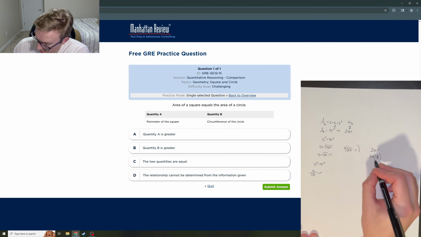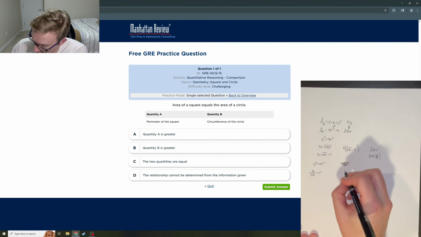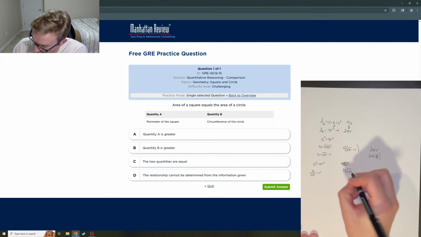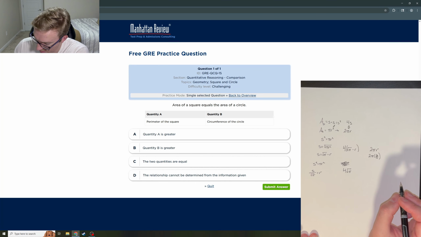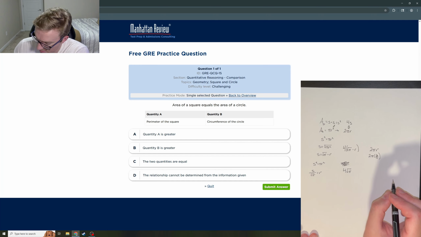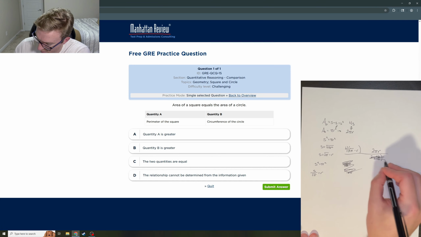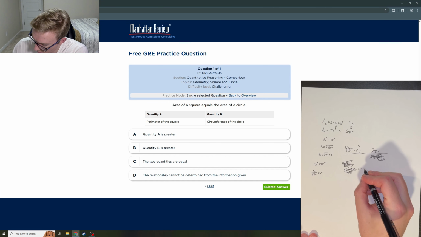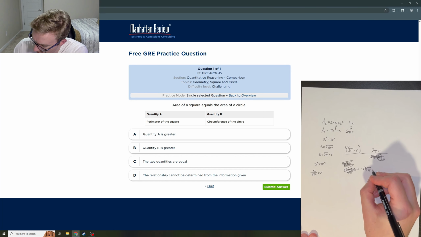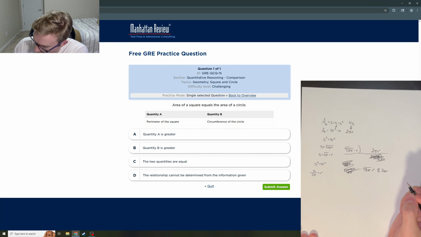So that's basically 4, whoops, that's not a 4, 4 square root pi r, which already feels like we probably don't even need to do this last step. So let me erase this because I don't need it. We're asking which of these is bigger. Basically, we're comparing 4 root pi r to 2 pi r.